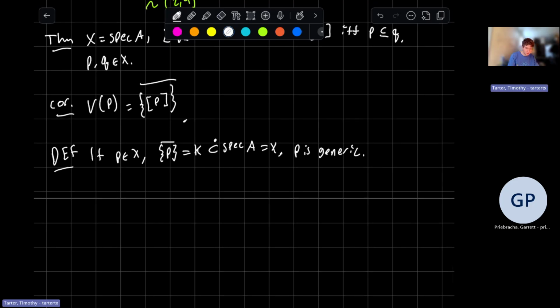So just as an example of this, y minus x squared is generic for V of y minus x squared.